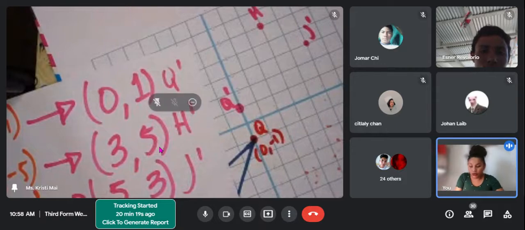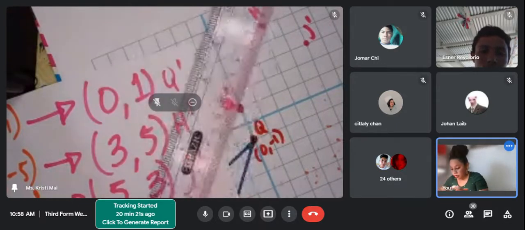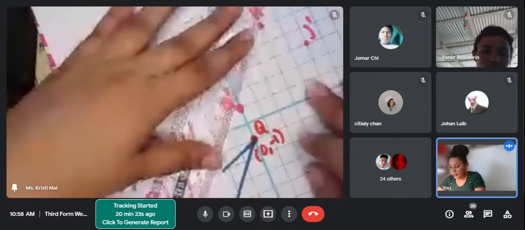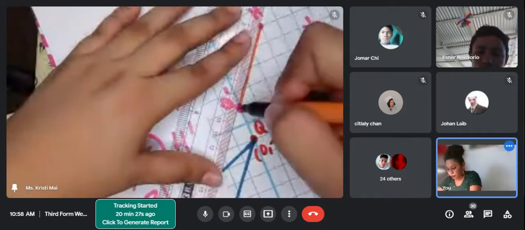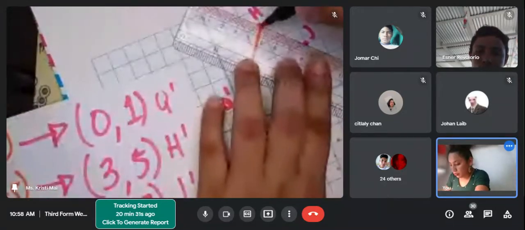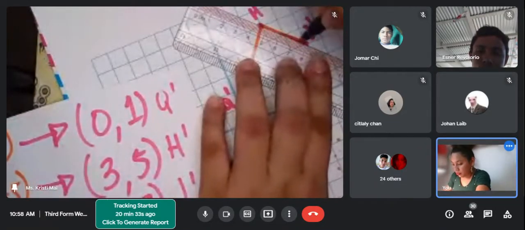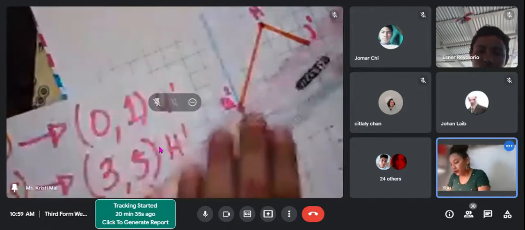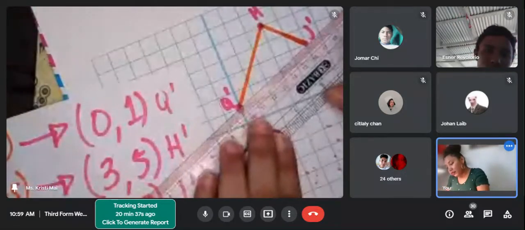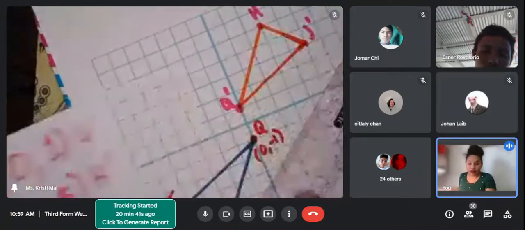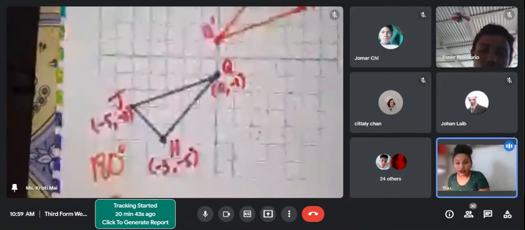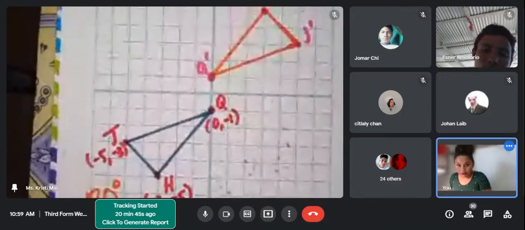Then we want to connect the dots. And now I have the rotated diagram. So this is how the rotation would look.